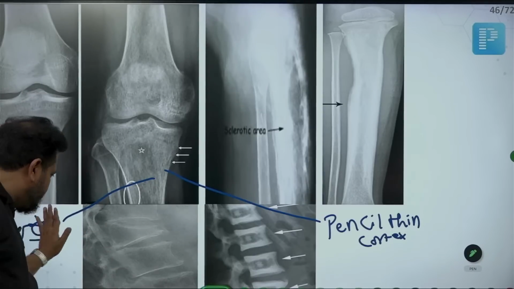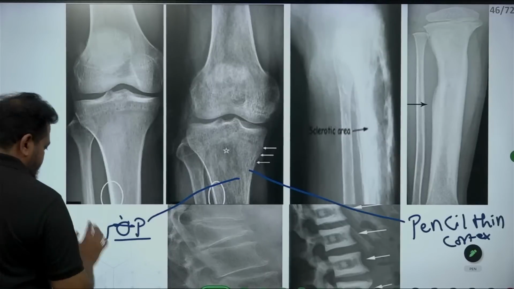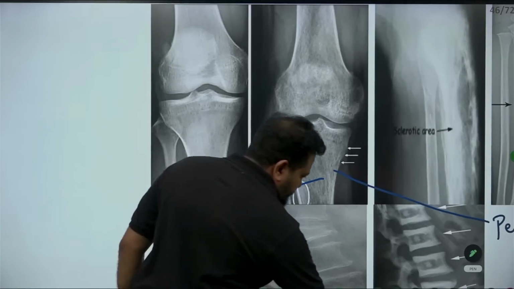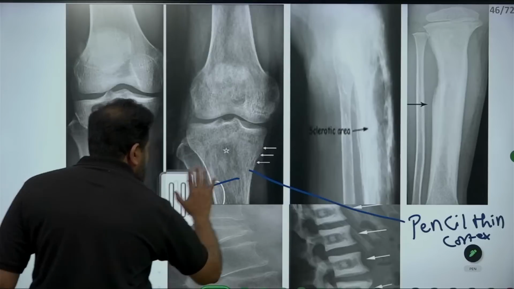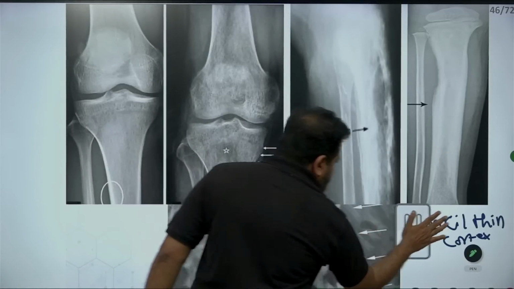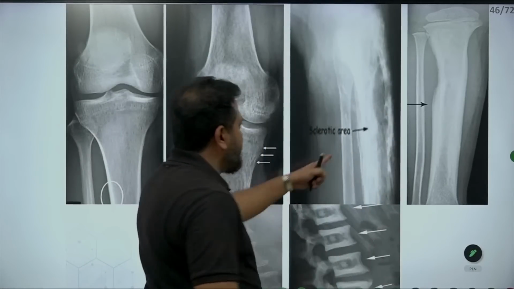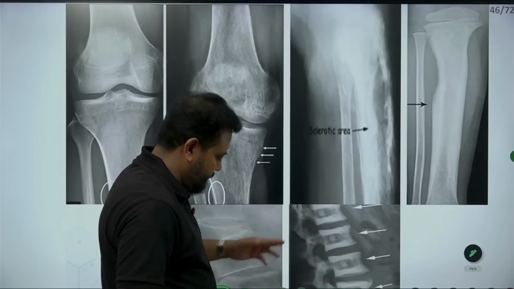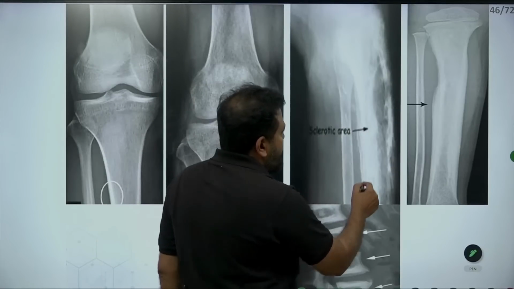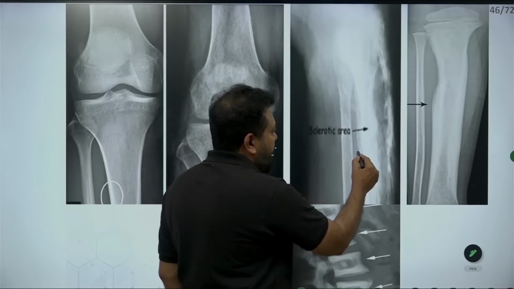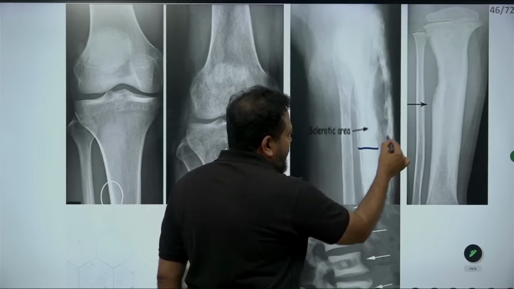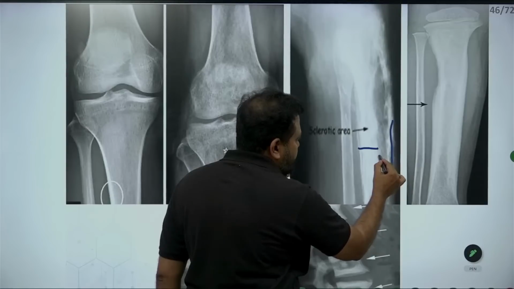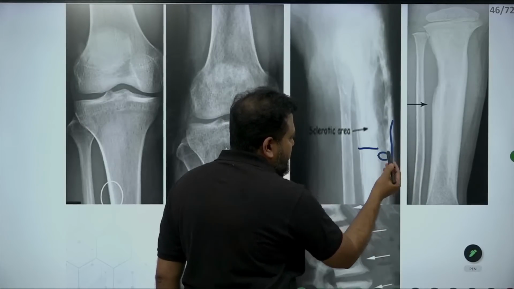Exactly opposite to this. One thing has happened here in this X-ray. This is also a tibia X-ray. Cortex has become so thick. This is one cortex, this is another cortex. Medullary canal size is decreased.